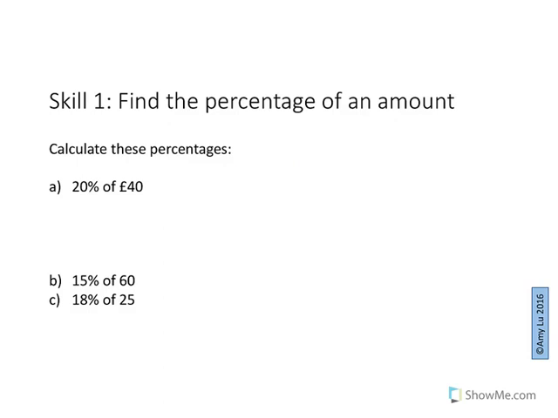Another approach is to work with the percentage. Since I'm working with percentage and I want to find out what is 1%, take 40 divided by 100 because a whole is 100%, and that should give you 0.4.